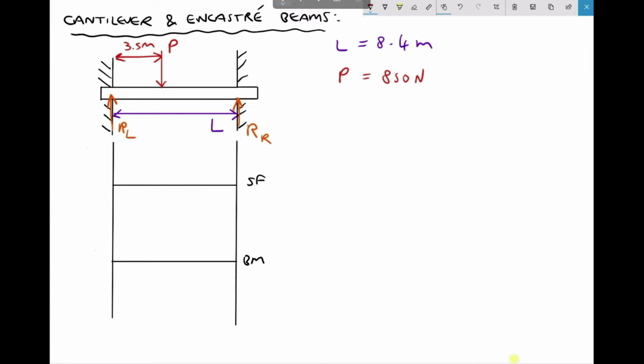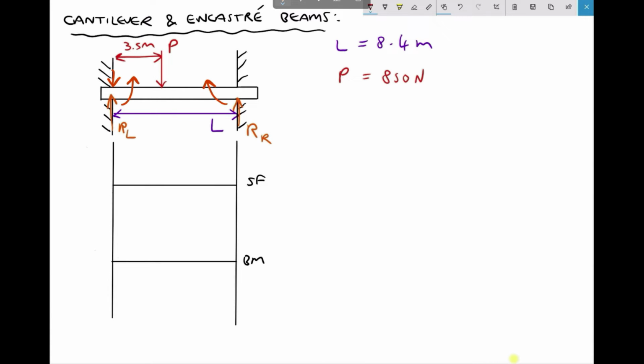Now, we need to approach this slightly differently. The reason is that when we have a fixed-in beam, essentially what we have at the two ends of the beam are turning moments, trying to restore the beam back to its original position. Any turning moment applied at RR is going to cause an opposing downward force at support RL.